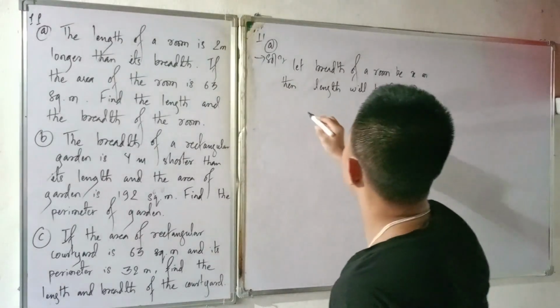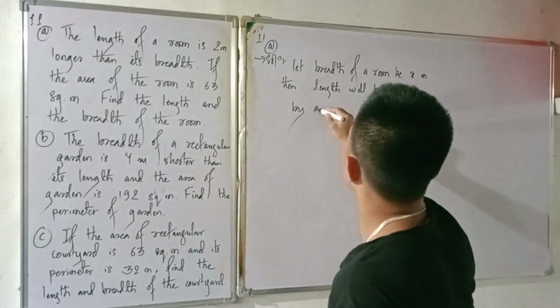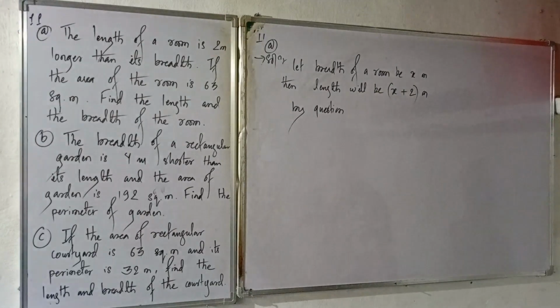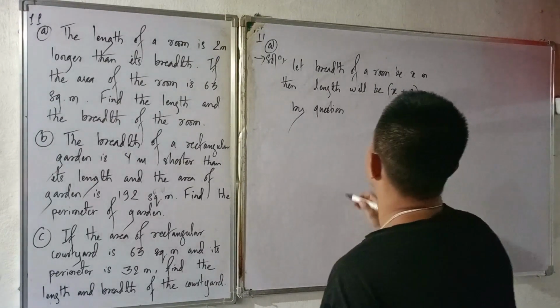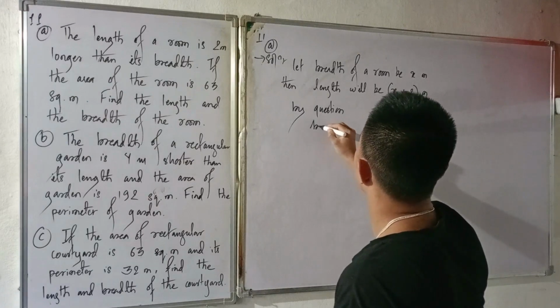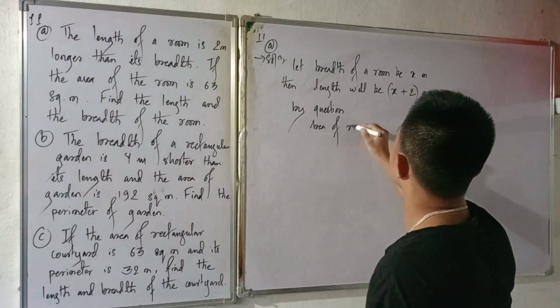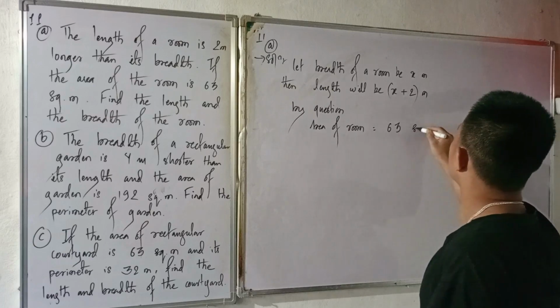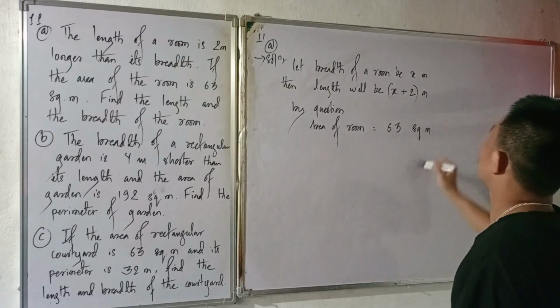By equation, the area of room is 63 square meter.